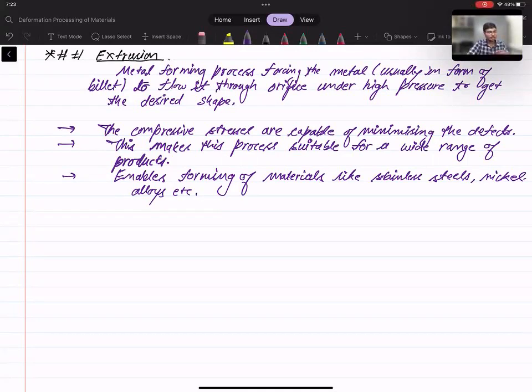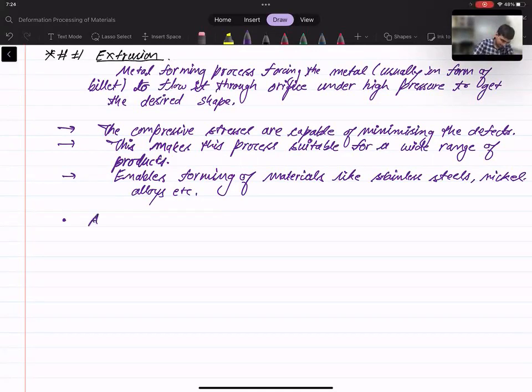Okay, so if the forming operation is carried out above the recrystallization temperature, then this will be hot forming, and below the recrystallization temperature it will be cold forming.